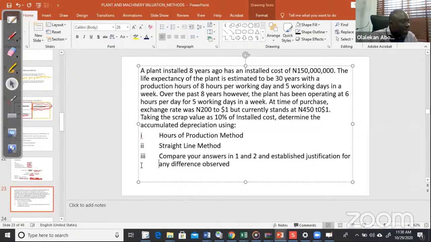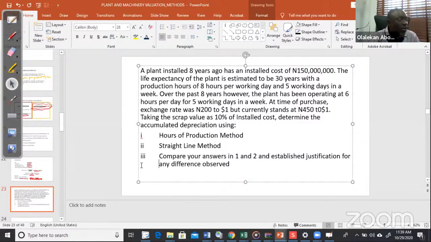Incidentally, the operating hour and the estimated productive hours per day are different, right? To determine the total productive hours, it's 8 hours, which is the estimated productive hours by the manufacturer, multiplied by the number of working days in a week, which is 5 days, then multiplied by 52 weeks, that makes a year.